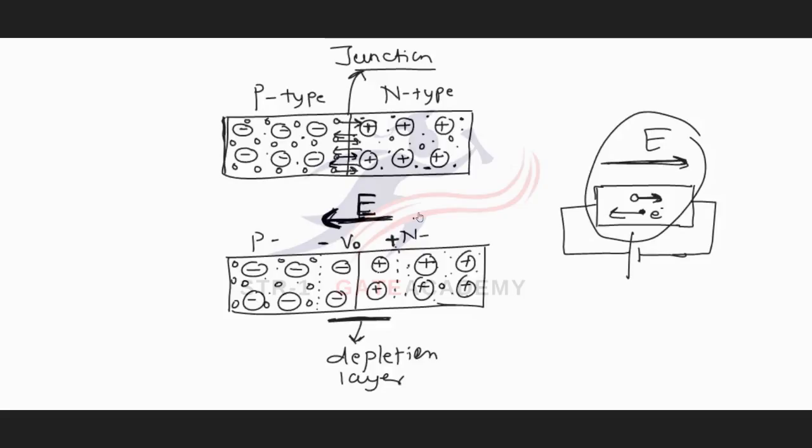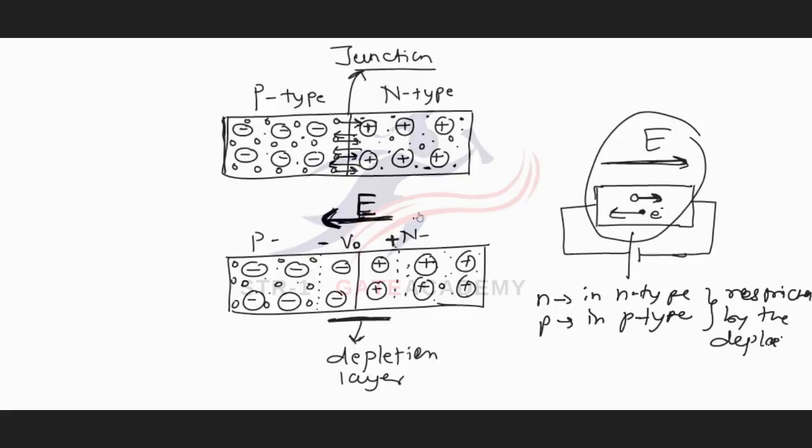So we can say that electrons in the n-type semiconductor and holes in the p-type semiconductor will be restricted by the depletion layer and will not be allowed to cross the junction, while electrons in the p-type semiconductor and holes in the n-type semiconductor are free to cross the junction.